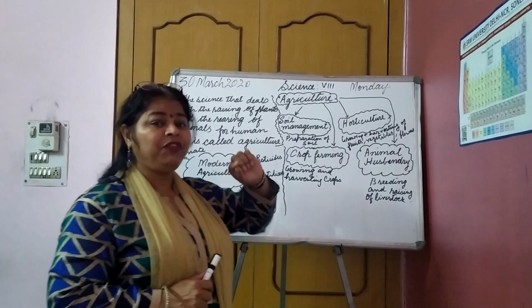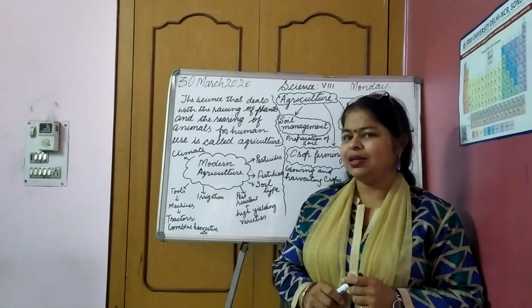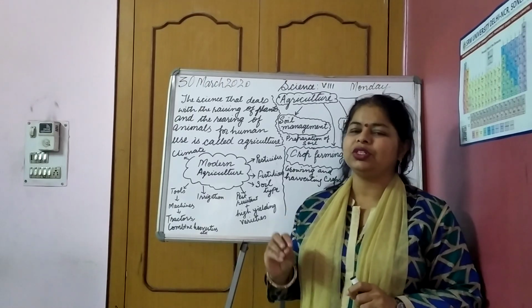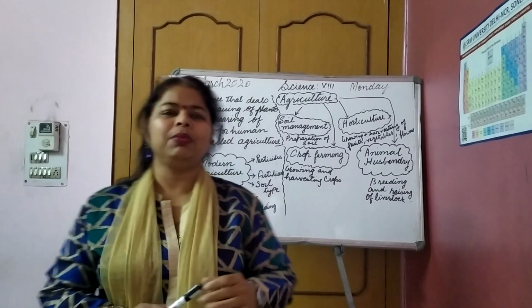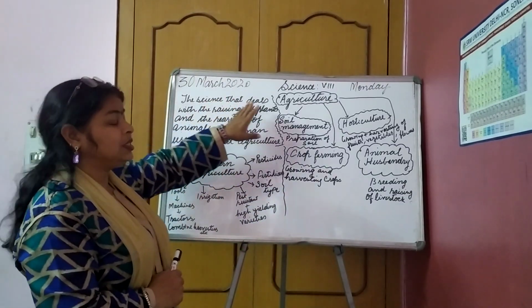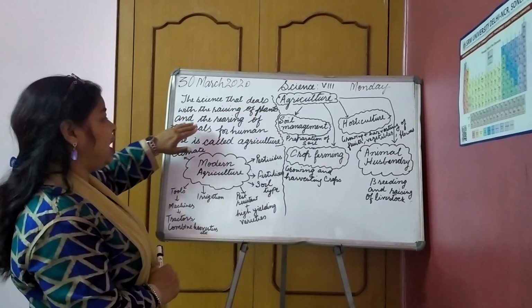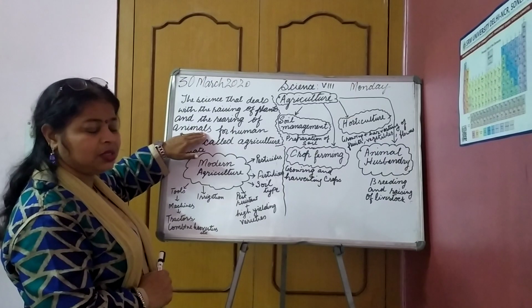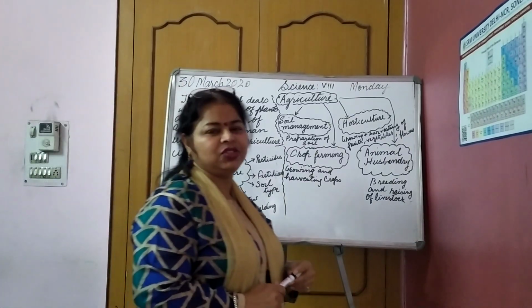It is a scientific process. Do you know what science is? Science is about precision and accuracy. So when we discuss it here, it is a science in which the raising of plants and the rearing of animals for human use is called agriculture.